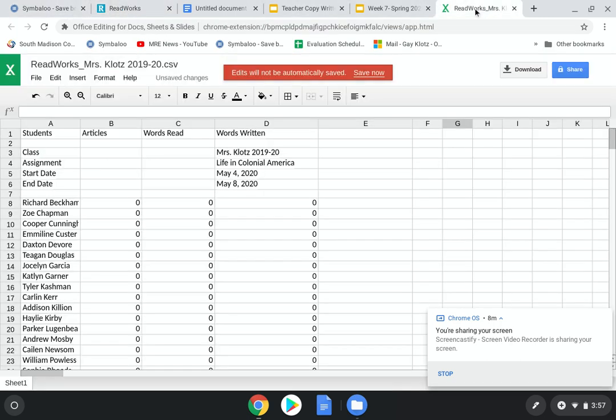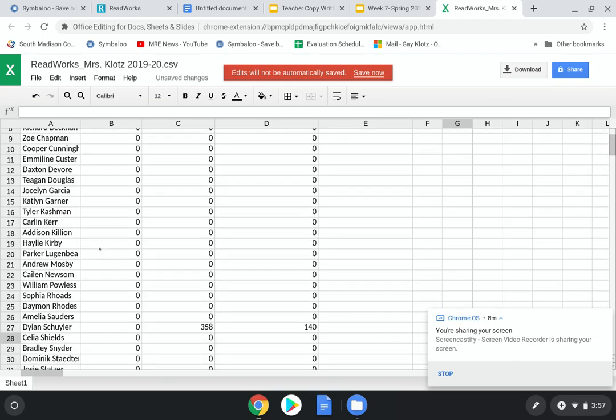Now, the last thing I want to show you is what we as teachers see on our end. So after I submitted my writing, I went back to my side of ReadWorks, and it gives me this little document to show. First of all, it'll give all of my students' names. And then it'll show me which article you chose.